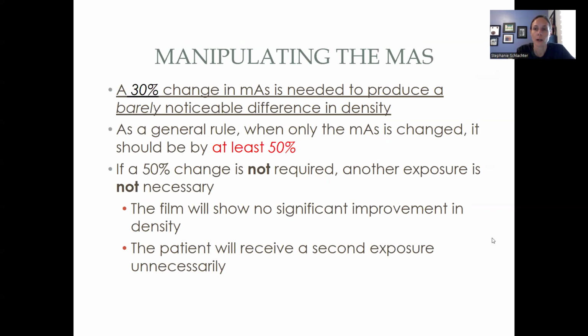So I know I just said halving and doubling, but when you're looking at an image and you go, oh, that's too light or too dark, how do you know how much to actually change it by?